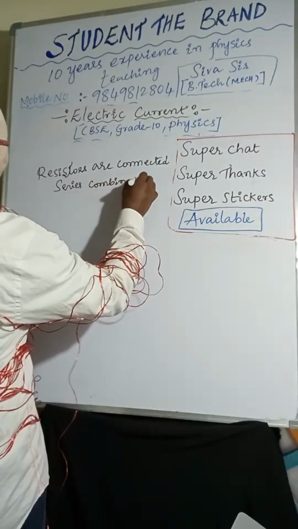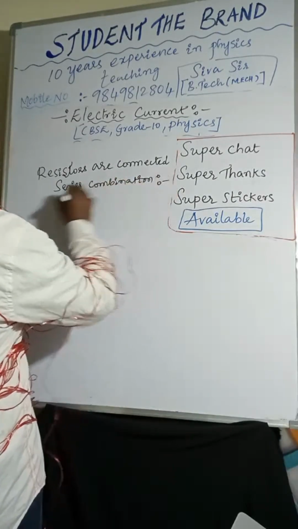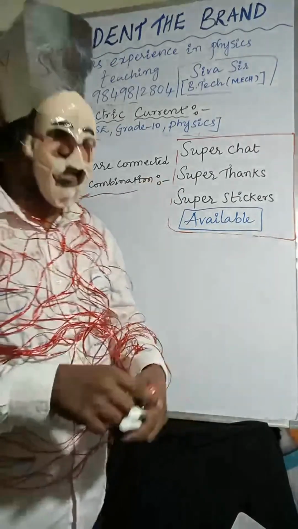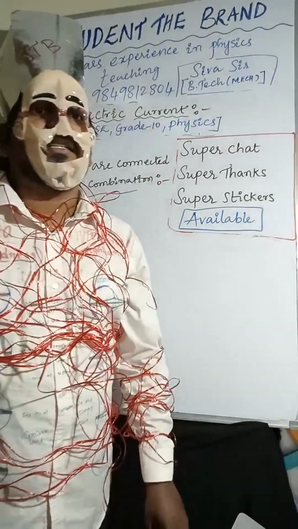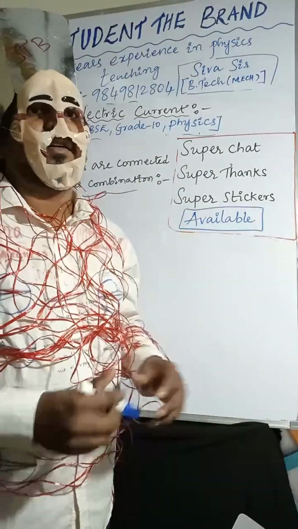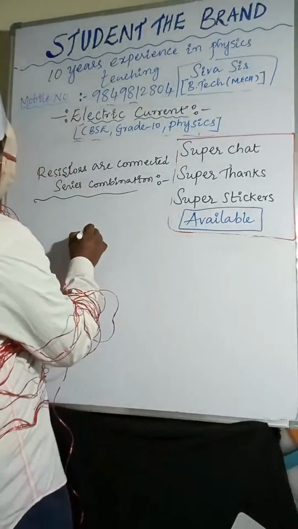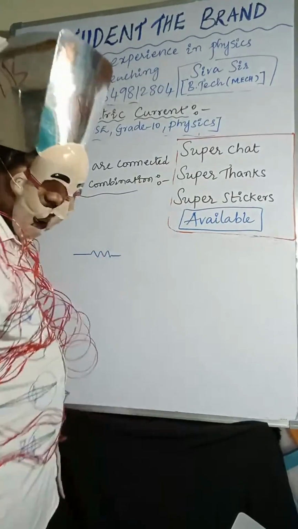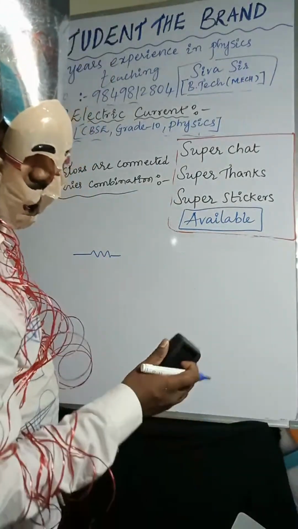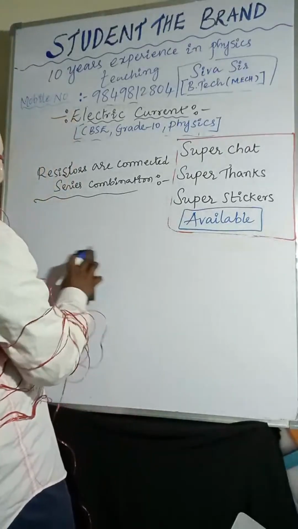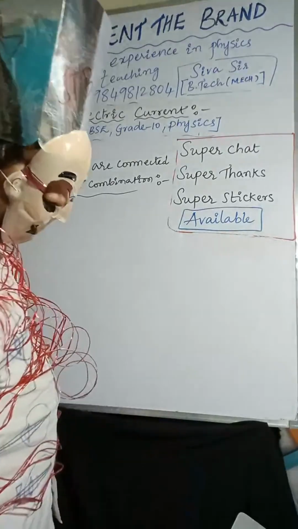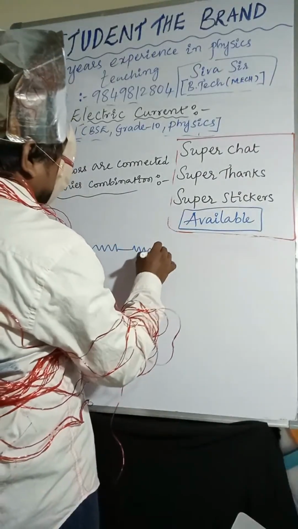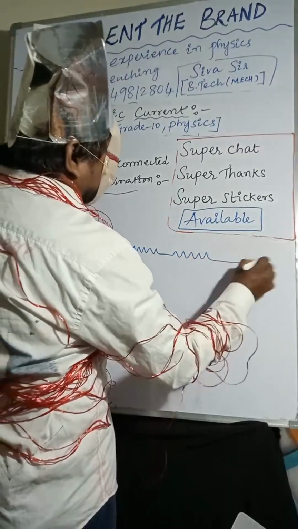Resistors are connected in such a way that, taking one resistor, then one more, and another, I am connecting three resistors. So there are three resistors.